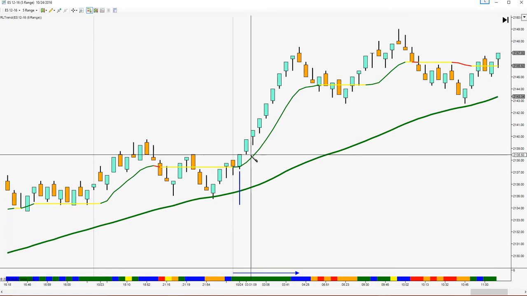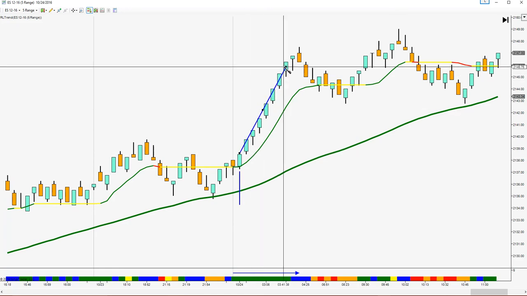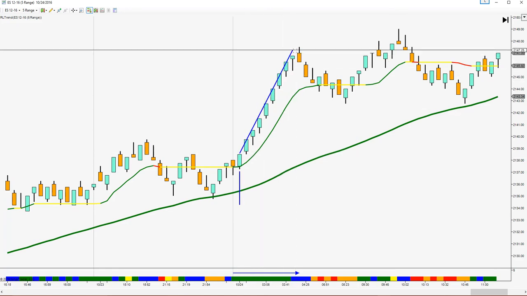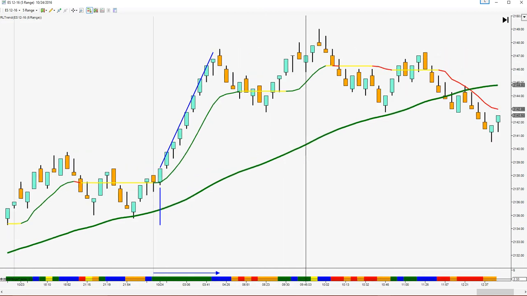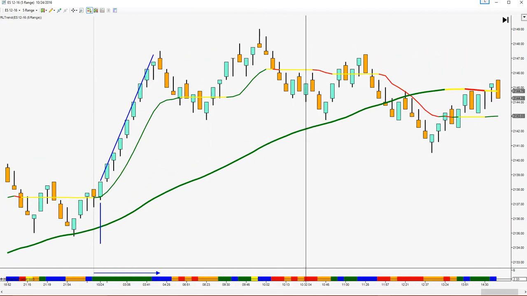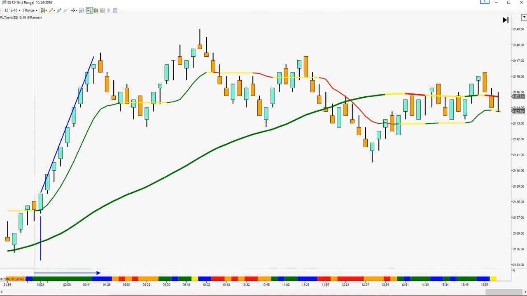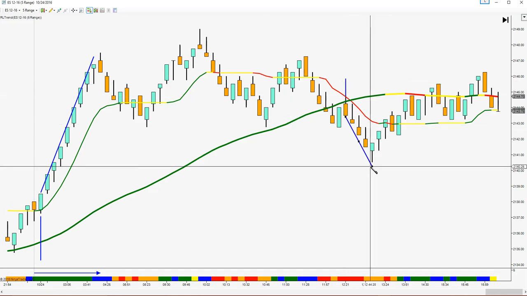So we have this tremendously successful long trade on the E-mini. Then here, the moving average of the delta isn't quite aligned. We look for the alignment, and it occurs right here. You have yourself a nice short trade.